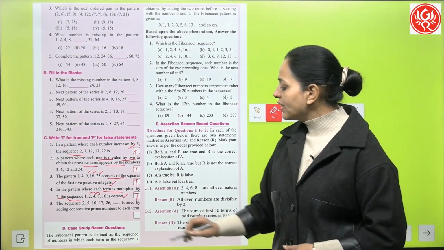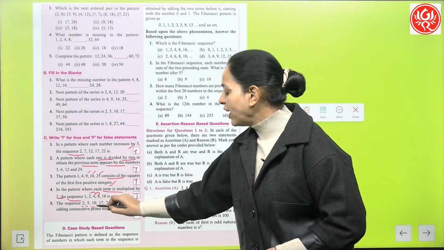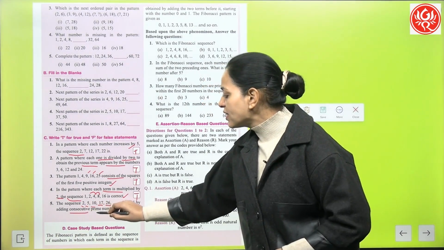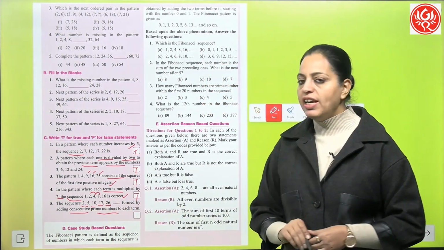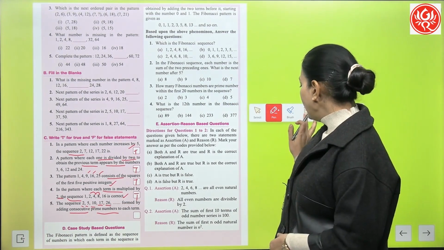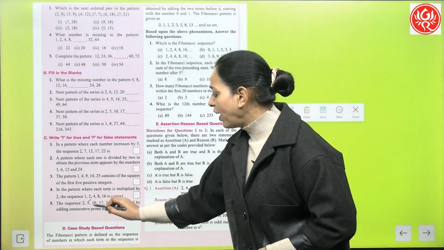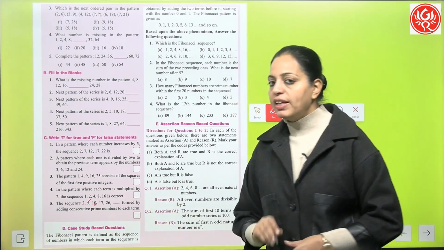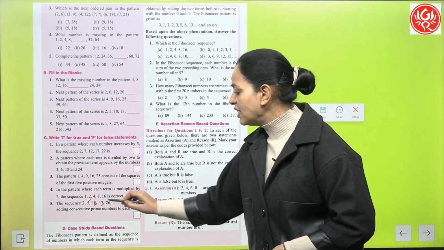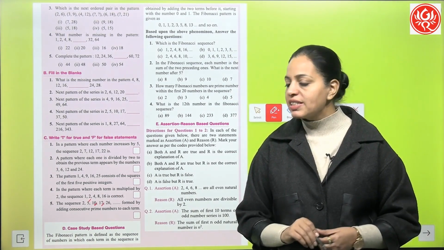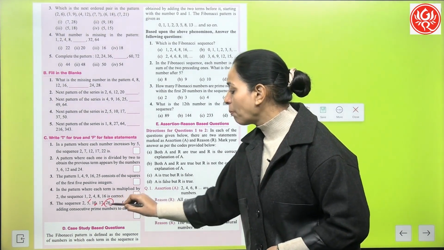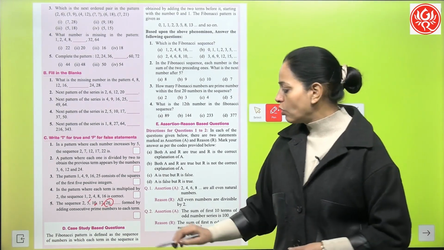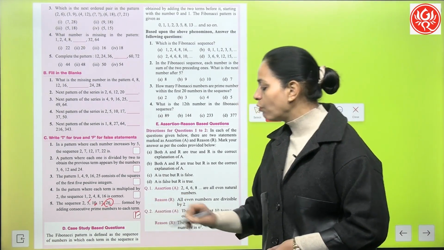The fifth one, the sequence 2, 5, 10, 17, 26 formed by adding consecutive prime numbers to each term. Let's see here, 2 plus 3, 5, then 5 plus 5, 10, then 10 plus 7, 17, then 17 plus 9, 26. But 9 is not a prime number. So this statement is false.